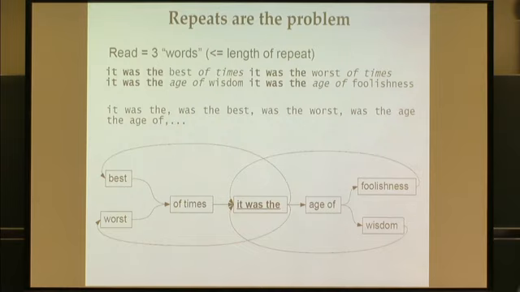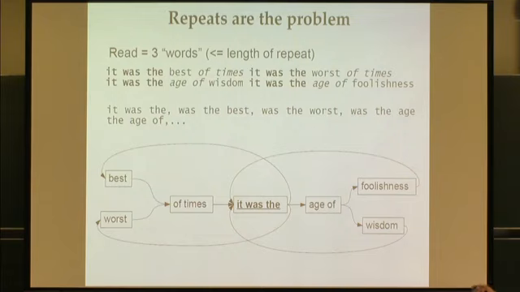If I have pieces of exactly 3 words, I get a picture that looks like this, and this is what the beginning of A Tale of Two Cities looks like to a genome assembler. So it's not exactly clear what text you're actually reconstructing.